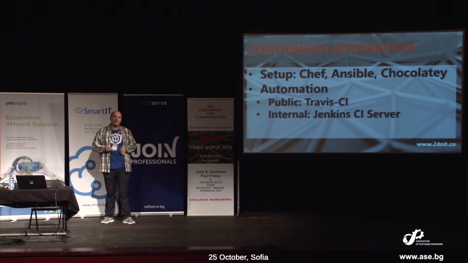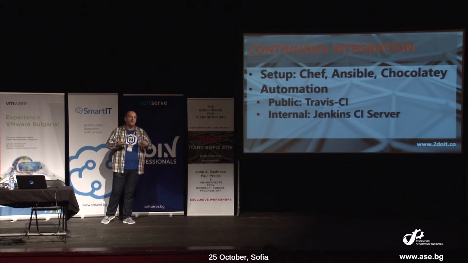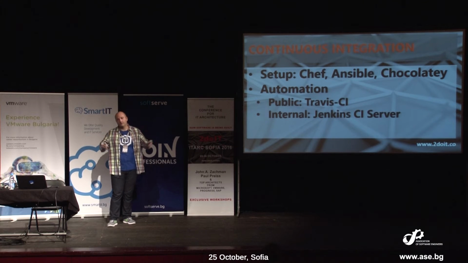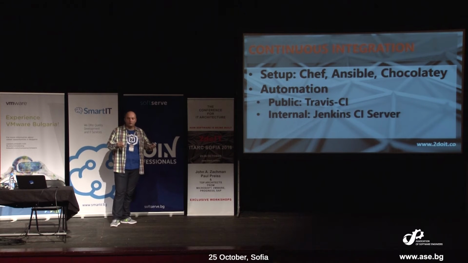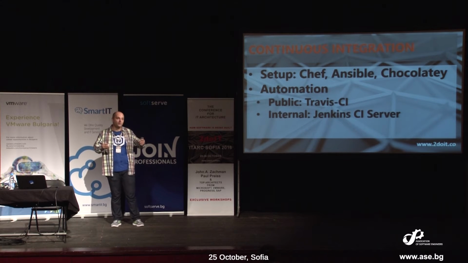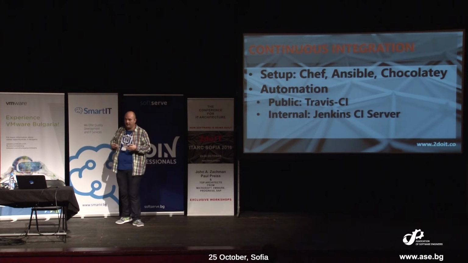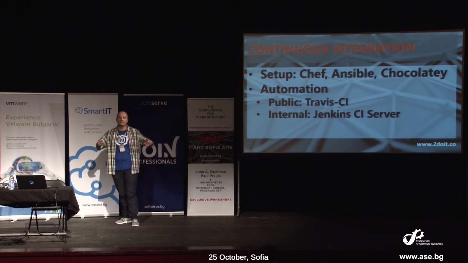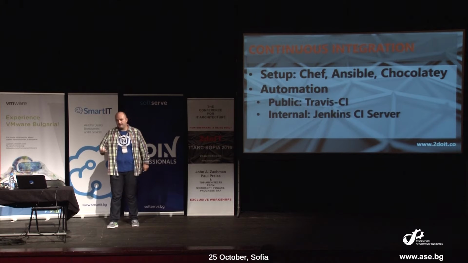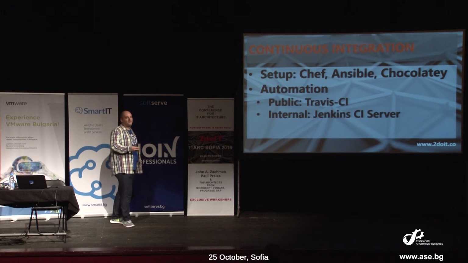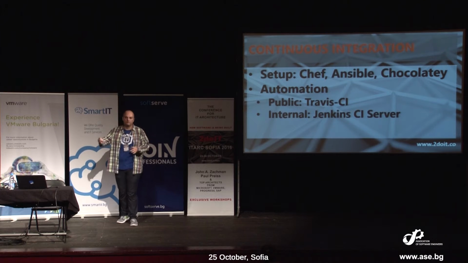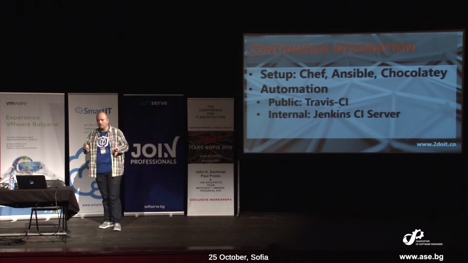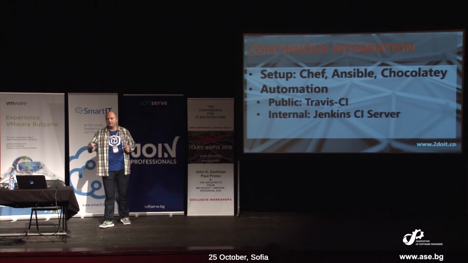However, there are no public offerings or free offerings or cheap enough offerings available that could handle the load that the team, NativeScript as a product, requires. As you will see later, there are a lot of tests running, probably 500,000 or 1 million tests running every day.